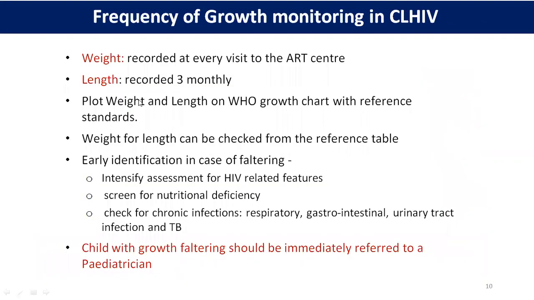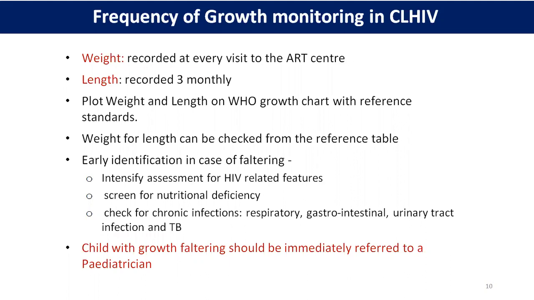So record every visit: weight, and length again. In the younger age group you must record length, which is very important, every 3 months, because length is not so variable. It doesn't change in a month's time, and there's no need to record the length at every monthly visit. But you have to measure the length 3-monthly up to 2 years.